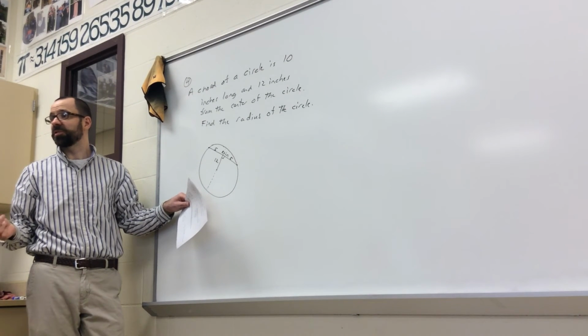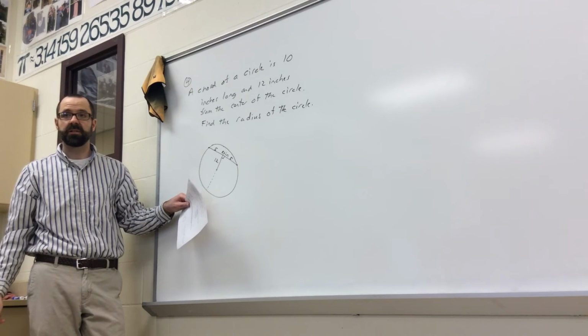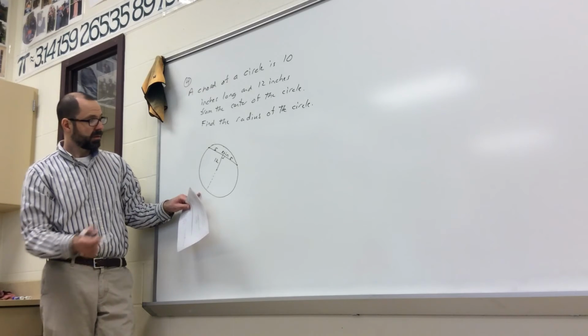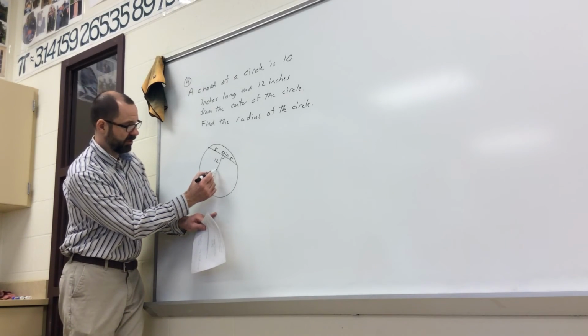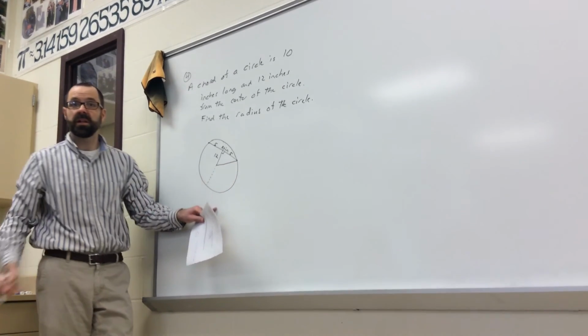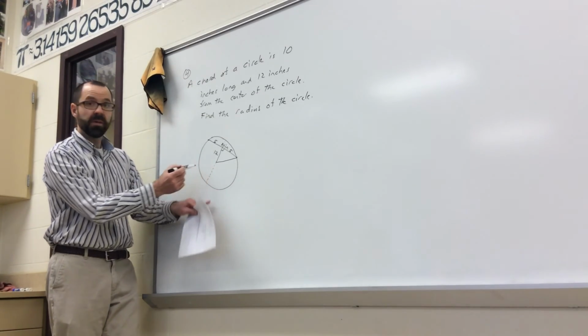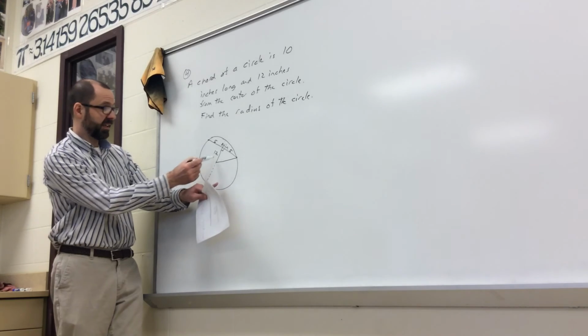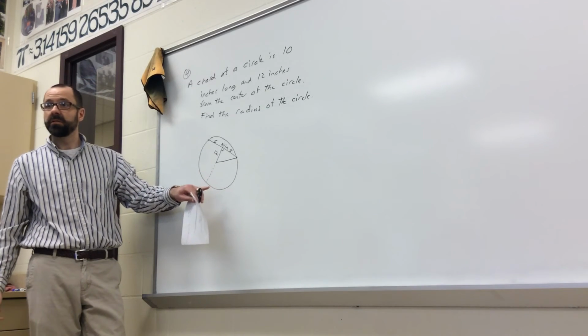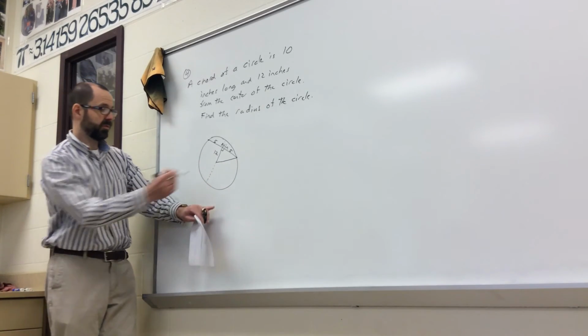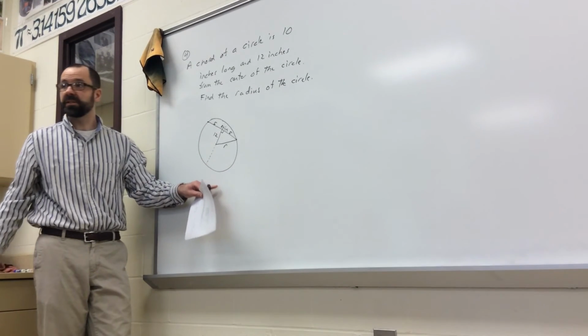So that's kind of awkward because there's not even a radius drawn in yet. So I'm going to go ahead and draw in this radius. I could have picked any radius. Could have gone this way or that way. But the reason I picked this one is because then I get a right triangle here. So I'll put an R for radius.